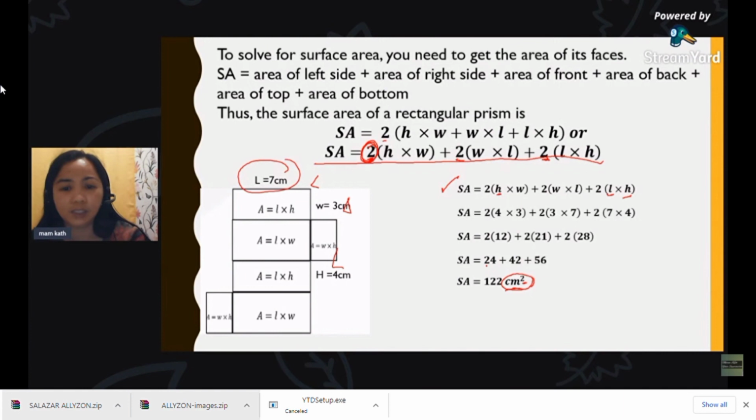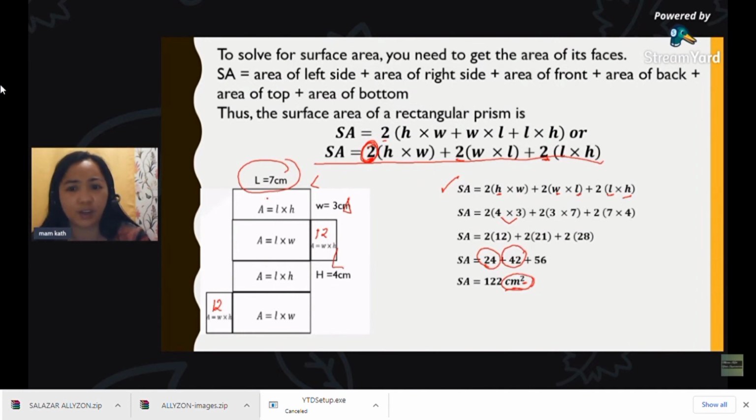Now, here, explain natin. Yung 24, ito yung area ng dalawang faces. Hanapin natin yung 3 by 4. So, that is, ito yung 24. So, 12 at 12. Yung 42, ito yung area ng, nasan yung length at width?